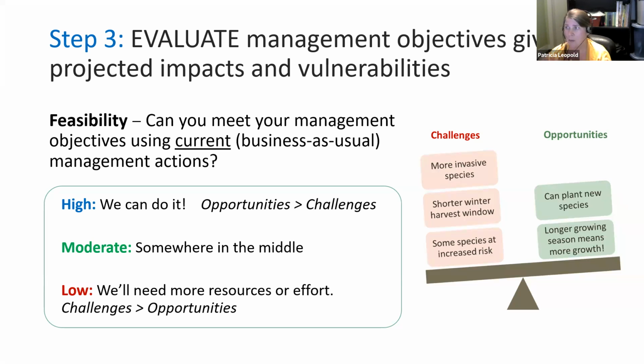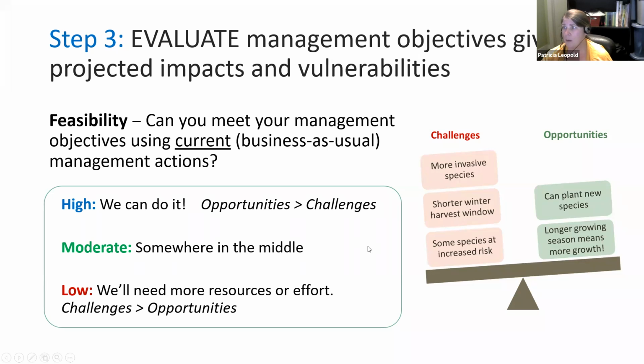If you remember, a rating of high means that our existing management options can be used to overcome the challenges for meeting management objectives under climate change, or that opportunities might even outweigh our challenges.